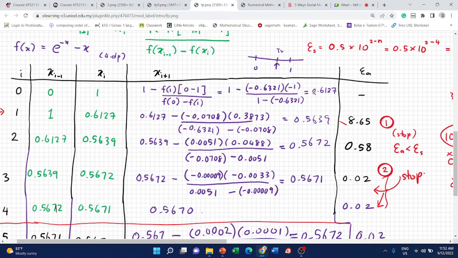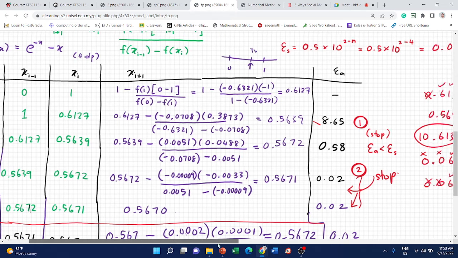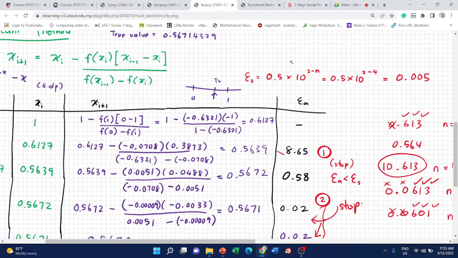No, madam. Okay, that means this number is 4 significant figures. So this n in your estimated error, this is the general formula, right? This n refers to your significant figures, not decimal places. So, n is 4 in this case.